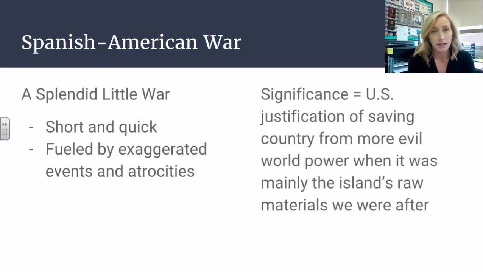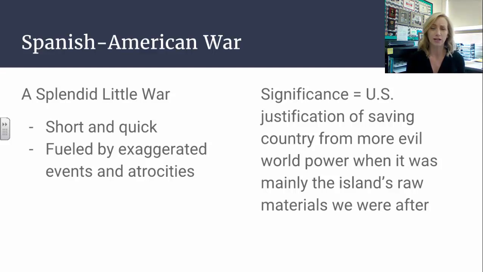The significance here, again, being a big objective for you, is the United States' justification of saving Cuba, because remember, the Spanish-American War is over the territory of Cuba. We're saving them from a more evil world power that will inevitably conquer them anyway. So it's almost like we're blessing them, saving them from this evil power that's going to take them over.